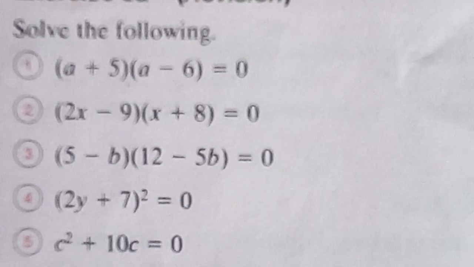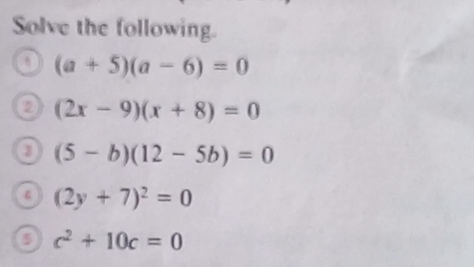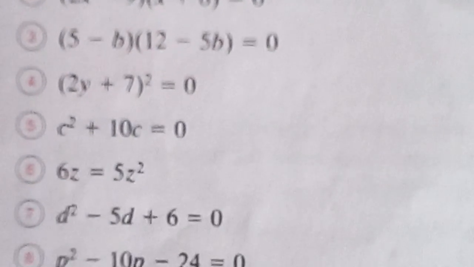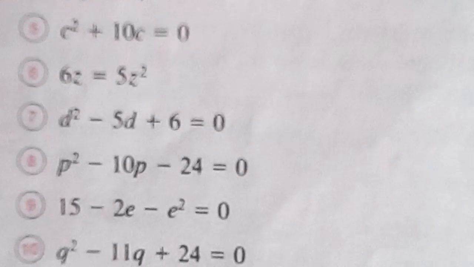Now look at some examples of quadratic equations that we can solve through the factorization method. We are going to pick one of these, and I will show you how to solve a quadratic equation through factorization.